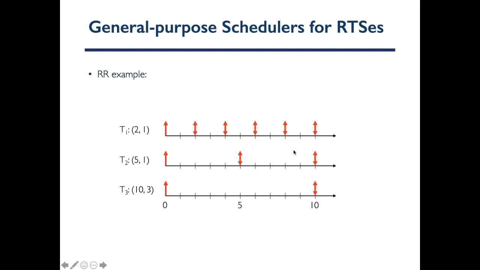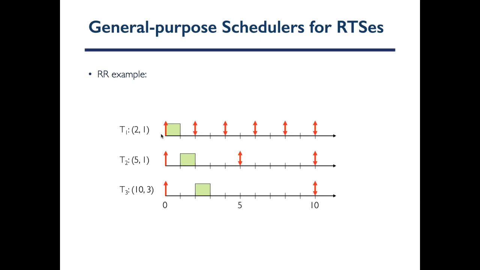Okay. So here, as you can see, these are the deadlines and arrivals. Now let's do round robin. All the tasks have arrived at the beginning. So if we want to do round robin, you do 1 unit of T1, 1 unit of T2, 1 unit of T3, right?